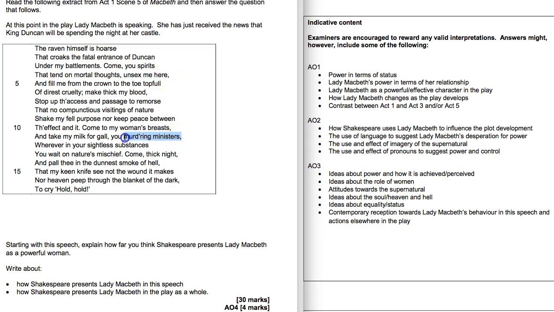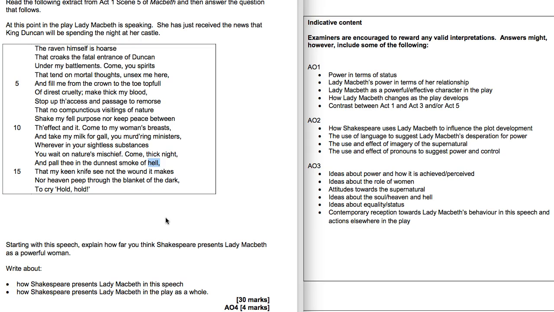The other way we can see her desperation is that she knows the ministers, the witches that she's praying to at this time, are murdering. She knows they're entirely evil. She knows that her soul will go to hell, and yet she's willing to risk it for temporary glory in her life on earth. The temptation to become queen is so powerful.